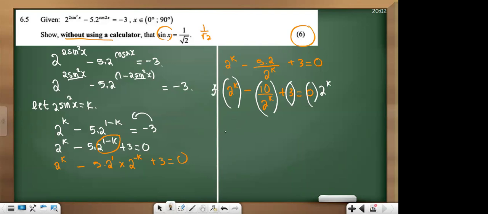And this will be (2 to the power k) all squared minus 10, plus 3 times 2 to the power k equals 0. So this is (2 to the power k) squared plus 3 times 2 to the power k minus 10 equals 0.